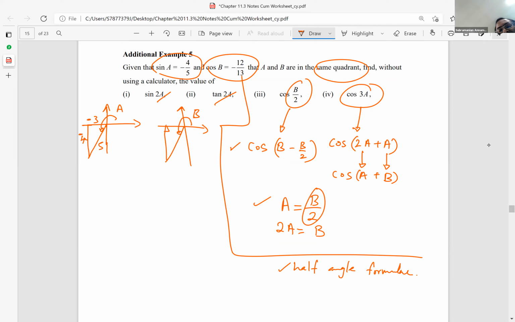Only 5 is positive. 12, 13. A is 12. This is 13. So this one must be negative, this one should also be negative. So this one should be negative 5, according to the Pythagoras theorem. You understand this basic thing or not, guys? Can I have a thumbs up if you understand what I'm saying?